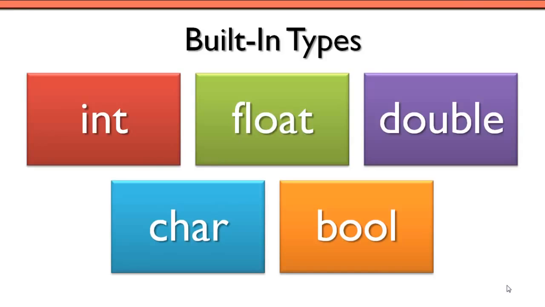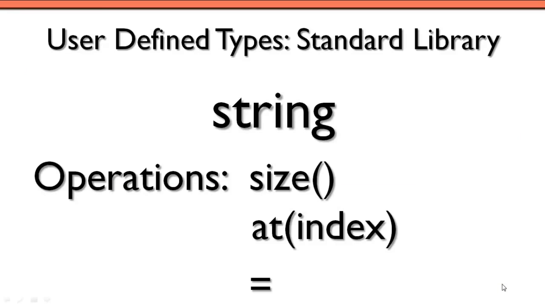So the C++ language, and specifically the C++ compiler, knows exactly how to handle these types and the associated operations, and what operations can actually be performed on these particular types. Many user-defined types were provided to us by the C++ standard library. And one of those user-defined types provided by the C++ standard library is the string type.